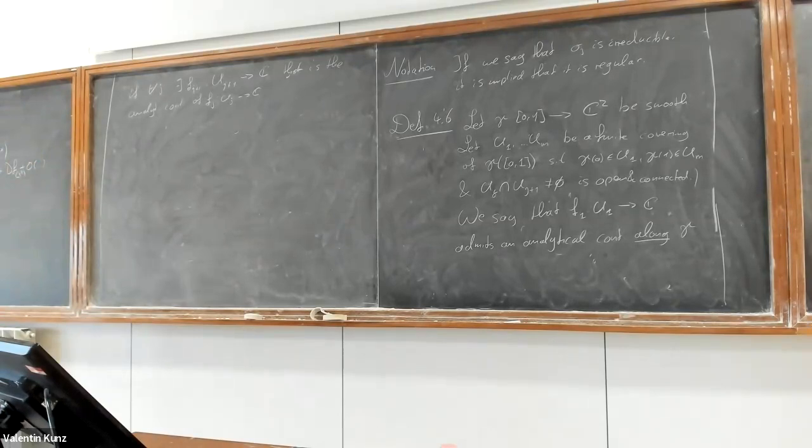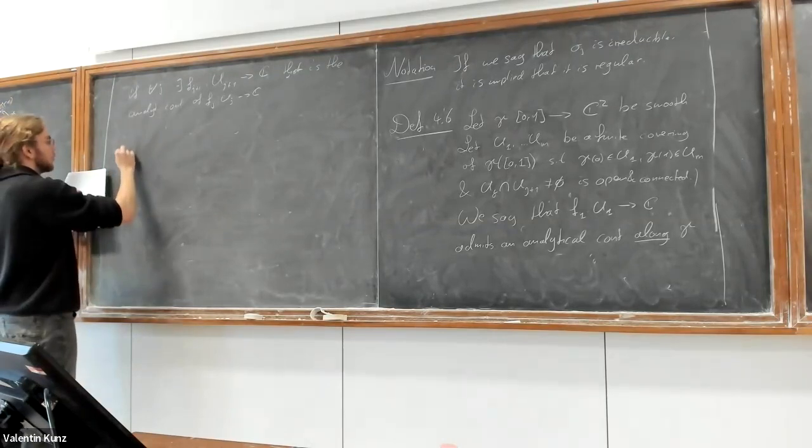If you fix the covering, the analytic continuation along gamma is unique. And I can always speak about the value that f takes at gamma of 1 subject to this analytic continuation, because you could have one point and one path, but you could also have another path, and then maybe two different values. But along this path, I will be able to say what this value is, given that I've started from here. So I can talk about this for both of these paths.